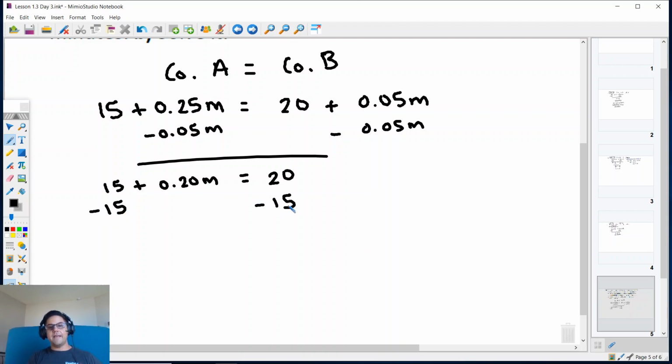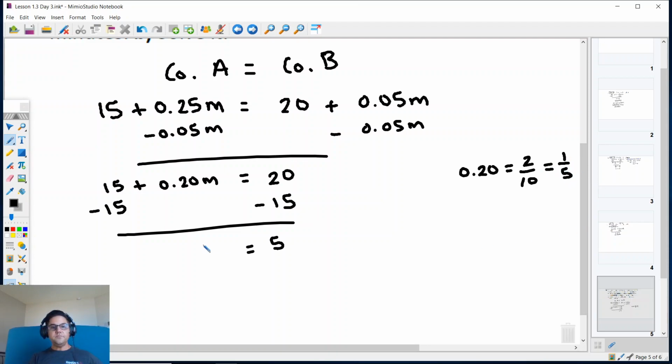Again, I'm solving for m, which is minutes, which is part B. Now, if I'd like to, I can change this into a fraction. So 0.20, if you need to, you can see it over here, is equal to 2/10, which is really equal to, in the reduced form, 1/5. So I could say 1/5 m. All right, from here, again, I'm going to practice the multiplying by reciprocal.